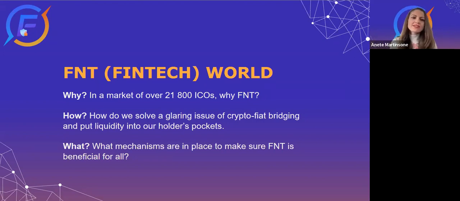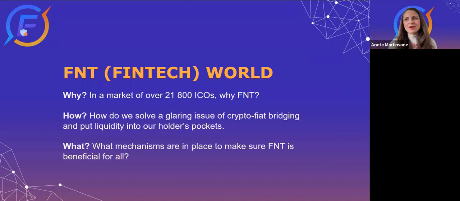But we can't forget about why we are in the market, why FNT, when there are so many other ICOs out in the market. We have mentioned here 21,800, but I believe every day there are more and more ICOs created. So why this market?